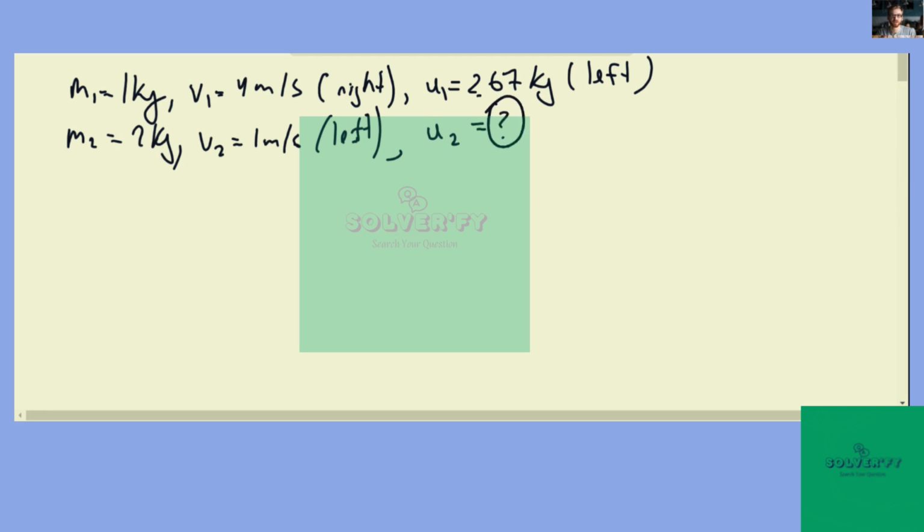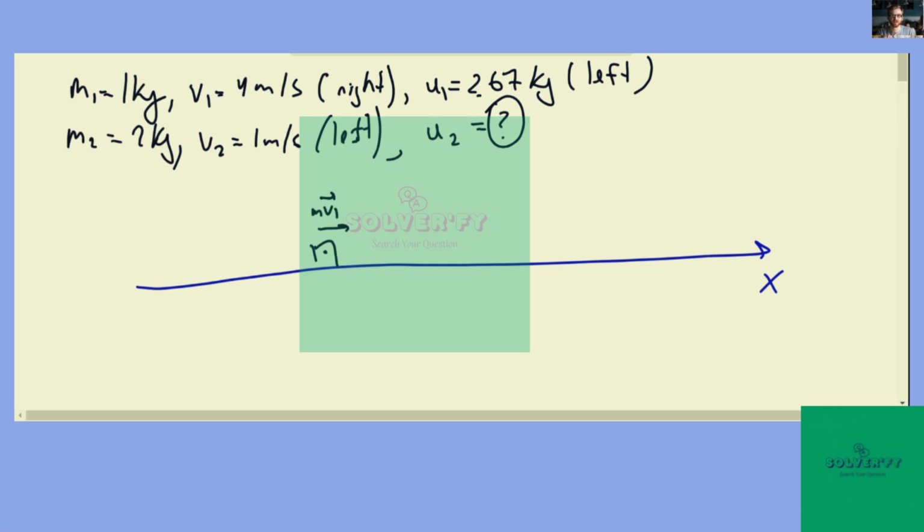So let's show the system. Here is the x-axis. The first block is moving with a momentum of m1v1 to the right. The second block is moving with a momentum of m2v2 to the left.